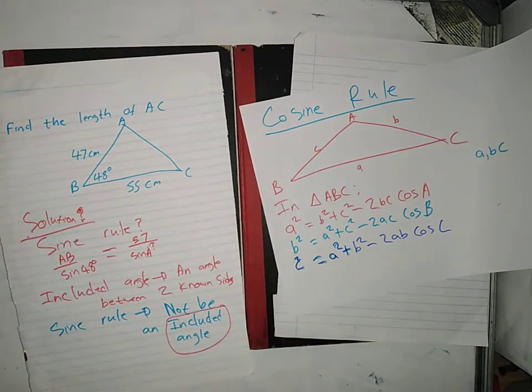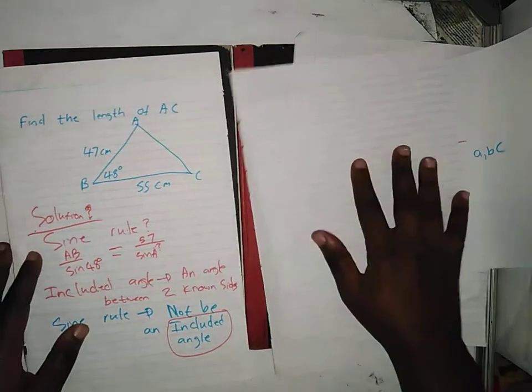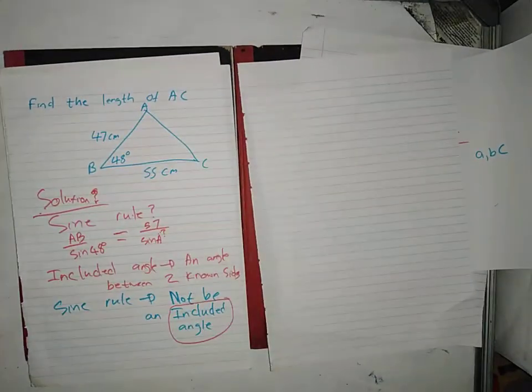Now, how can we go about and solve this one? Okay, we know that now we can only use a Cos Rule. So how do we then go ahead and use a Cos Rule?